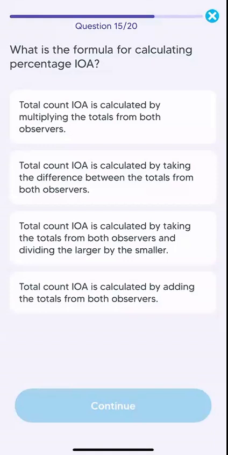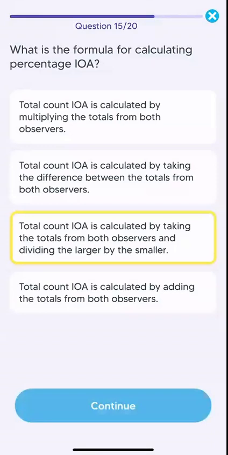Total count is calculated by taking the total from both observers and dividing the larger number by the smaller number.